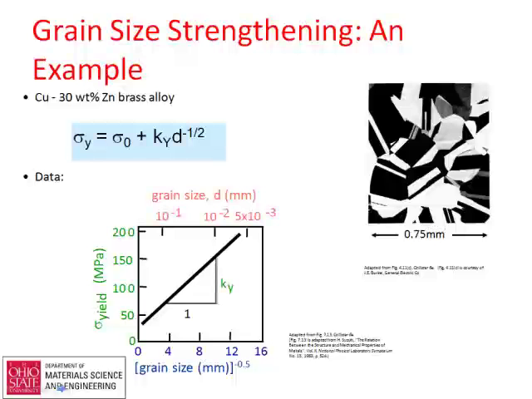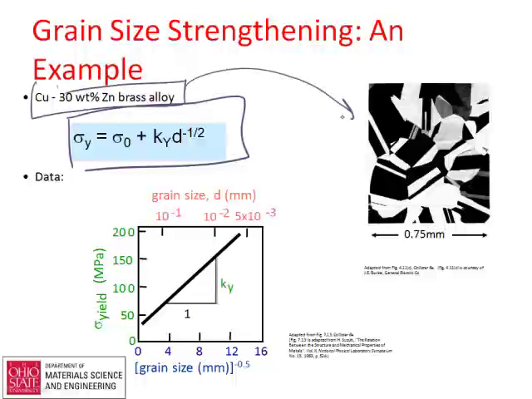So this is the same equation written slightly differently, and this is an example. This is a copper 30% zinc brass alloy that's shown there in the micrograph like we've talked about. And we can change these grain sizes, and you'll see a little bit later in this lecture mechanisms by which we can change the grain size.